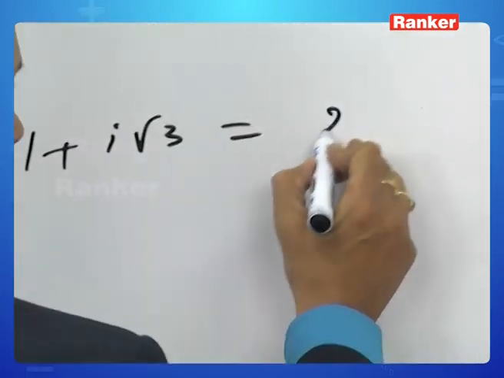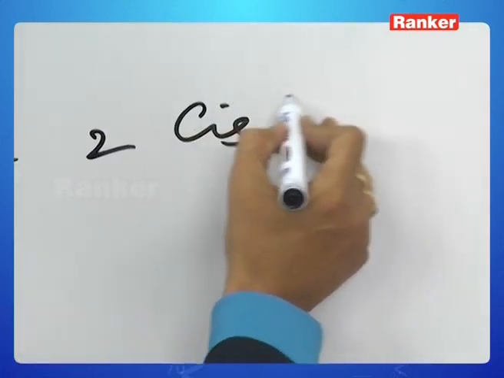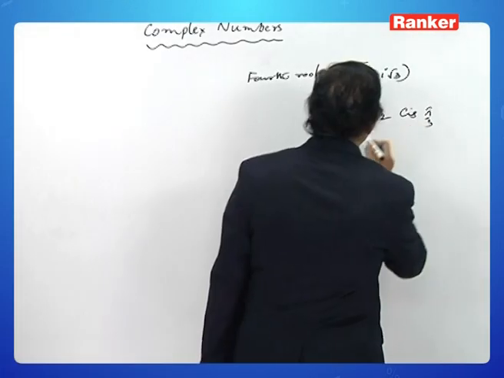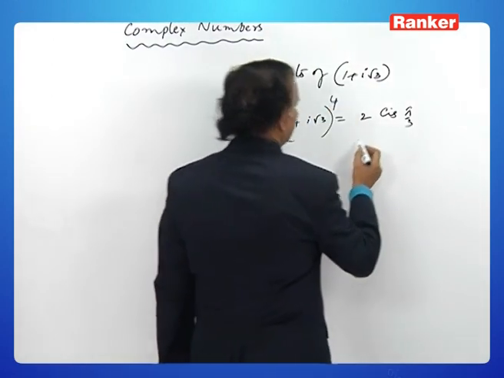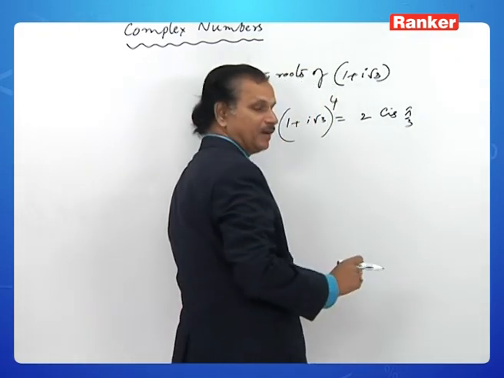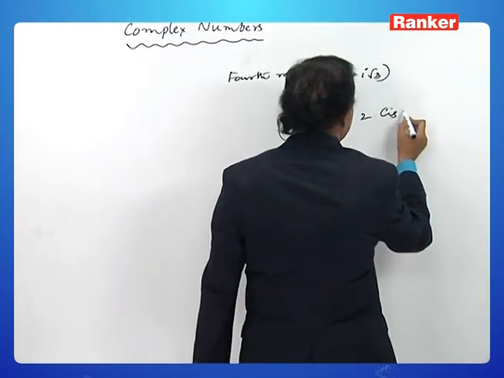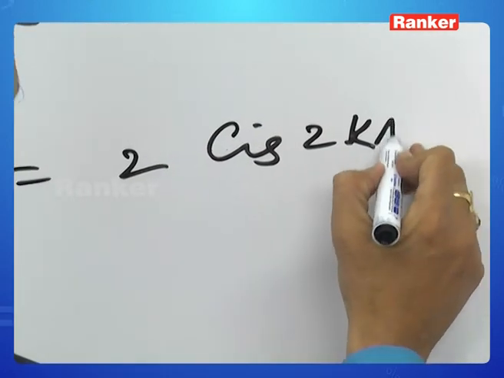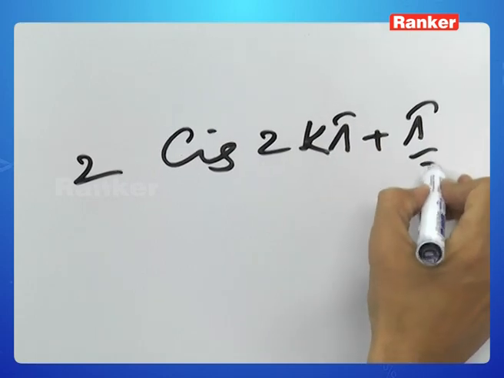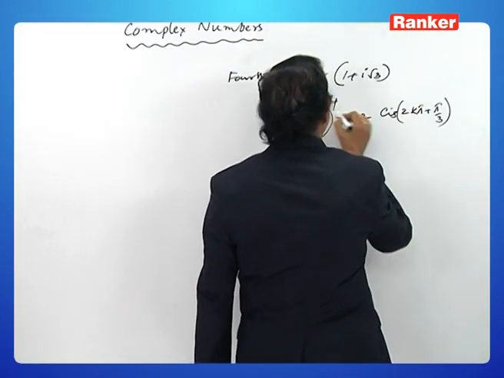Modulus is 2, amplitude is 60 degrees, so 2 into cis pi by 3, whole to the power of 1 by 4. Instead of pi by 3, let us now have the general amplitude, that is 2k pi plus pi by 3, whole to the power of 1 by 4.